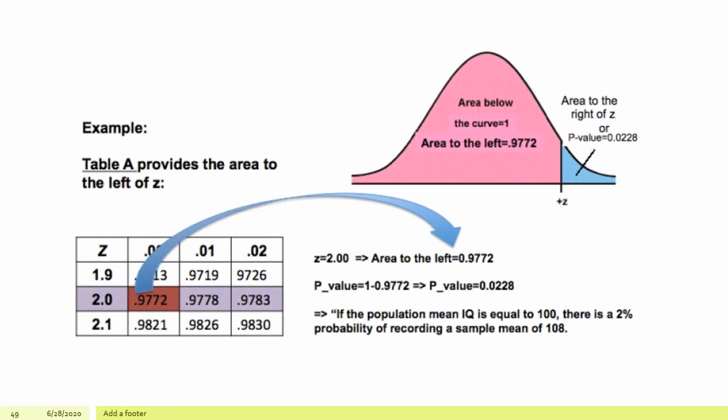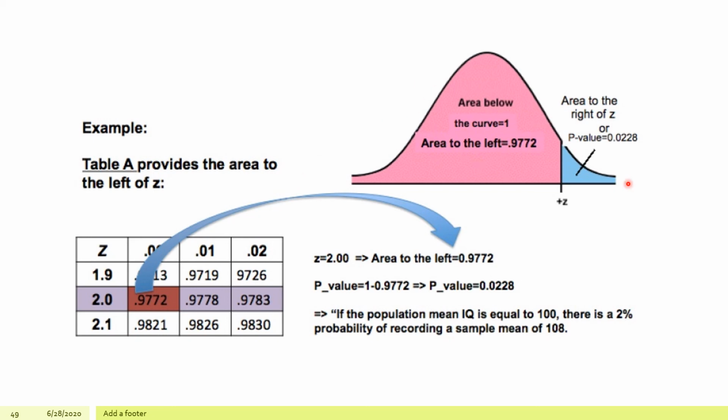From the previous slide, we came to know that the z value is 2, which corresponds to 0.977. That is, if this whole area is 1, our z value 2 corresponds to about 0.977 area.